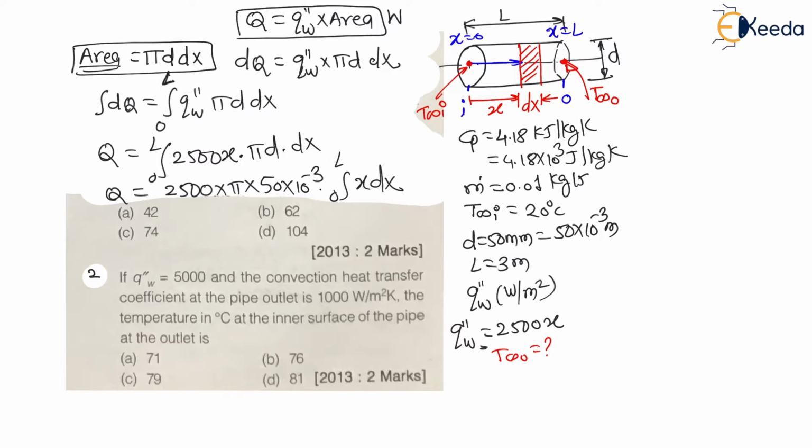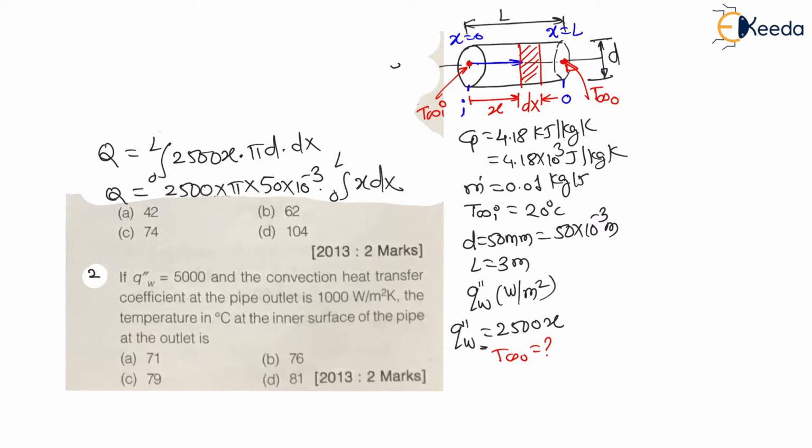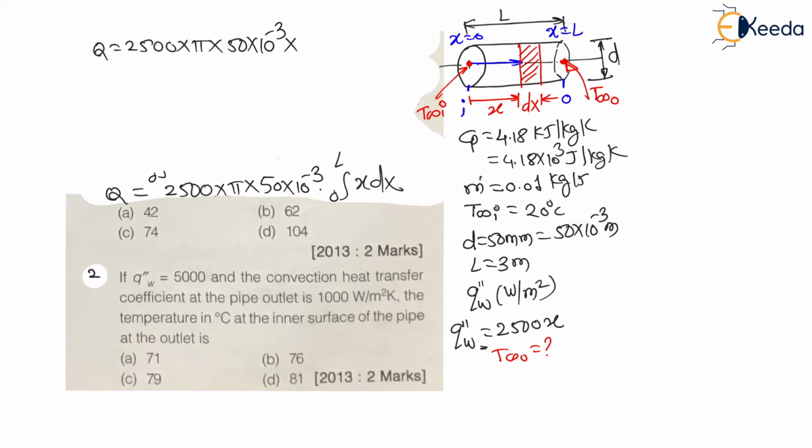Now, my dear students, let us solve this expression. So we will get the total heat transfer through the cylinder. Therefore, q will be equal to 2500 into pi into d, which is 50 into 10 to the power minus 3, into, now the integration of x will be x square by 2, and the limit is 0 to L. Let us put the limits.